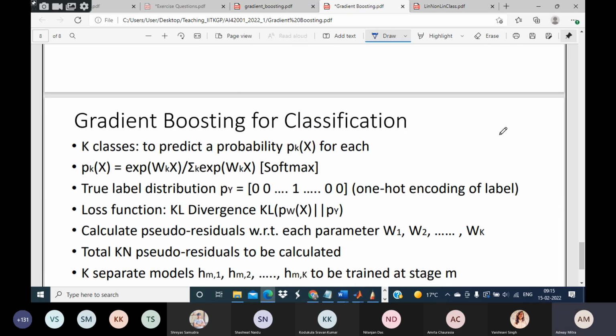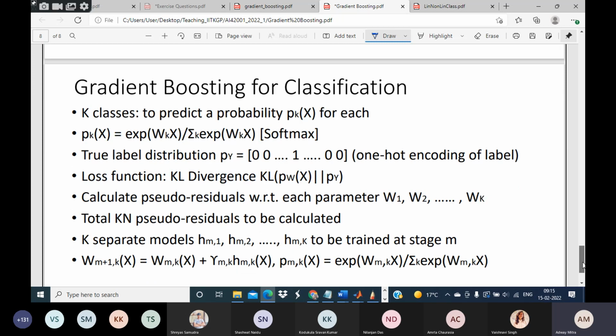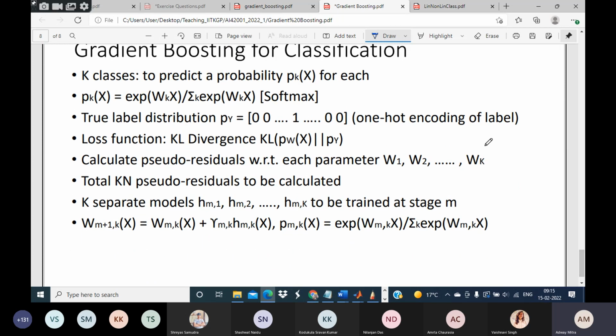The only problem here is that whatever function we define should be able to predict a probability distribution. But in general, predicting a probability distribution is a difficult thing. There is no simple function which just takes in a feature vector X as input and directly predicts a probability distribution as output.